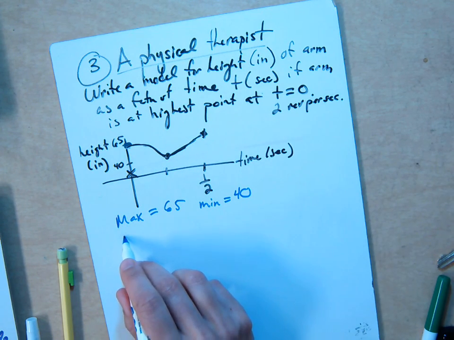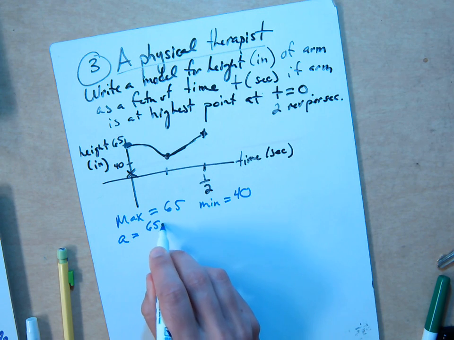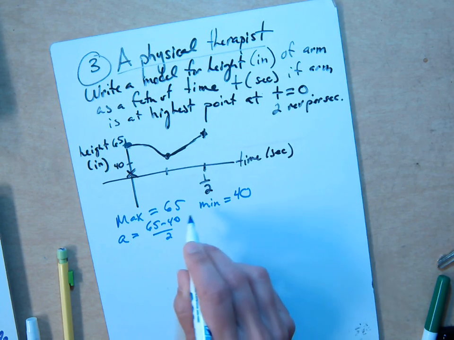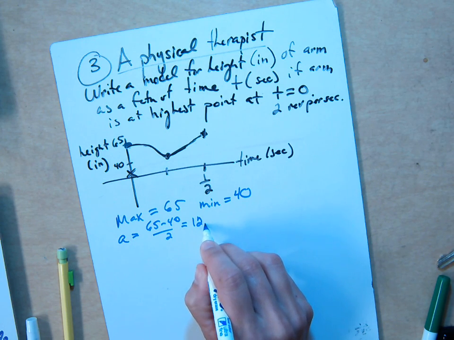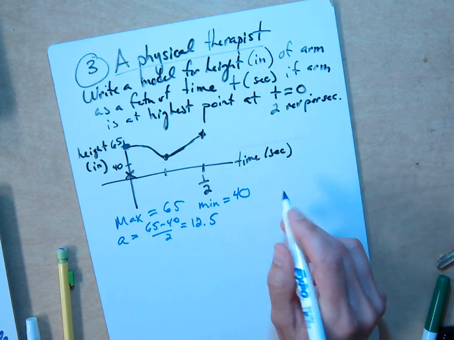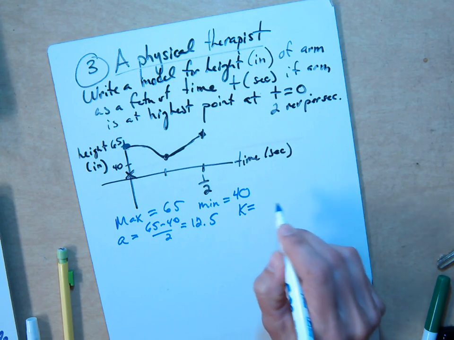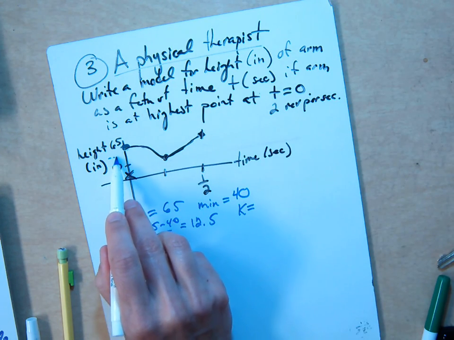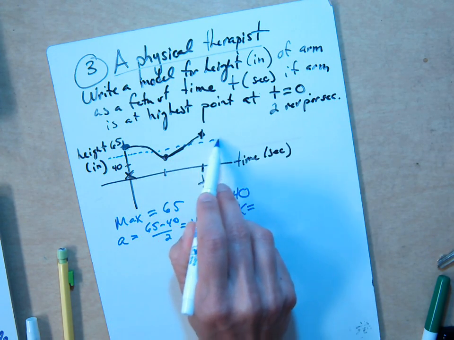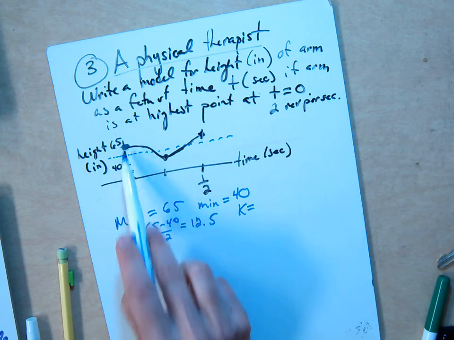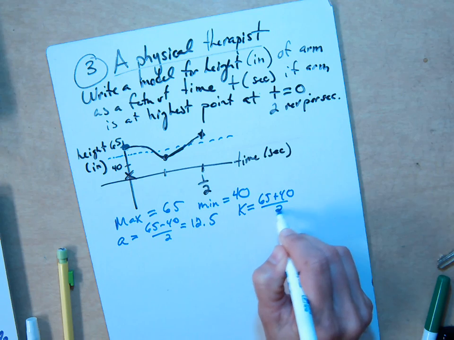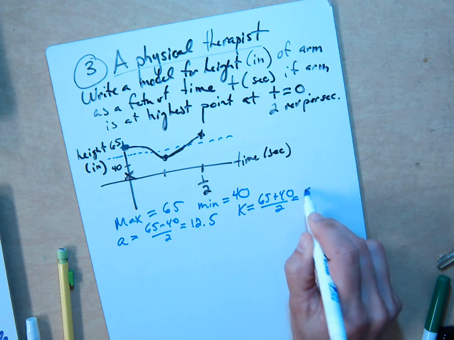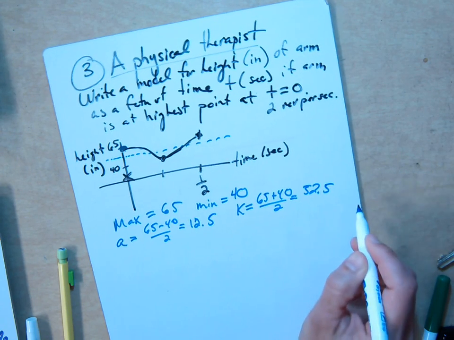The amplitude is 65 minus 40 over 2, which gives you 12.5. It's a decimal, that's not a problem. K is where the center is, the middle of 65 and 40. So 65 plus 40 over 2, which is 52.5.